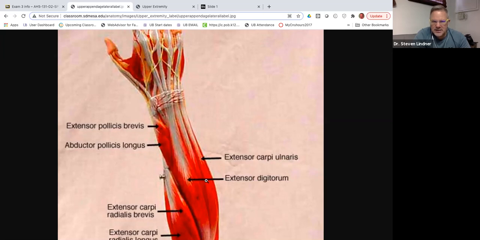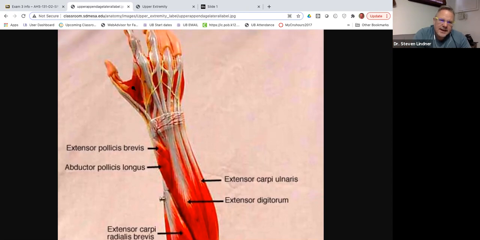So it's extensor carpi ulnaris. There's an extensor carpi ulnaris. There's a flexor carpi ulnaris. Flexor carpi ulnaris flexes the wrist and ulnar deviates. Extensor carpi ulnaris extends the wrist and ulnar deviates.